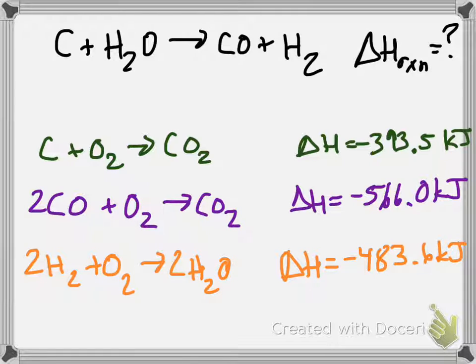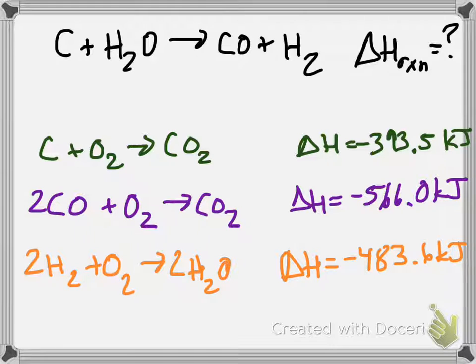When carbon monoxide reacts with oxygen gas to form carbon dioxide, it releases 566 kilojoules of energy. And when hydrogen gas and oxygen react to form water, it releases 483.6 kilojoules of energy. So we need to rearrange these equations to make them look like the black equation.